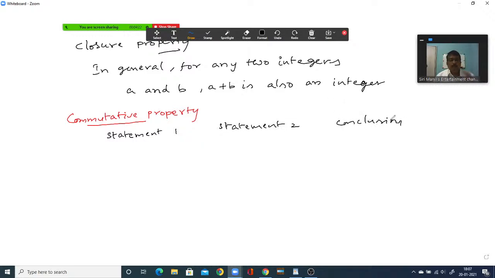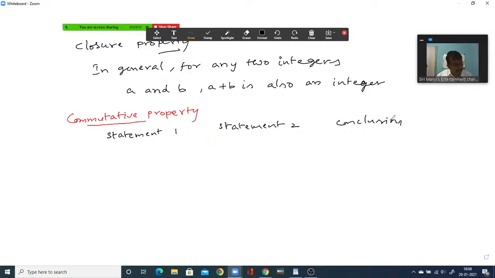One thing is sure, we go towards examples and then prove from these examples; conclusions are given later. Given two integers a and b, if a plus b is equal to b plus a, then integers satisfy commutative property under addition. That's what we are going to tell.